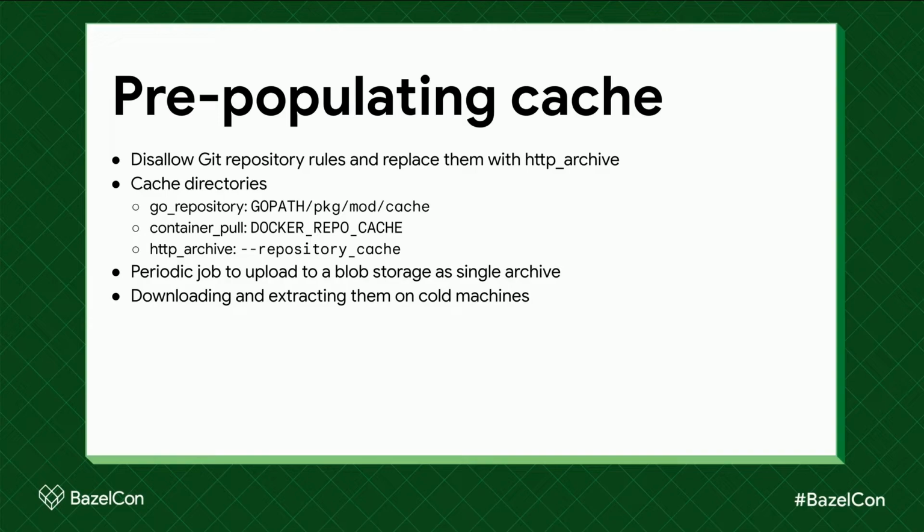And then when a new machine joins the CI cluster, the first thing we do is to download all of these archives and expand them into their corresponding cache directories before running any Bazel command. So now our problem changes from downloading thousands of repos from different services into downloading a handful of large archives from one single blob storage. This is much better, a much easier problem to optimize.